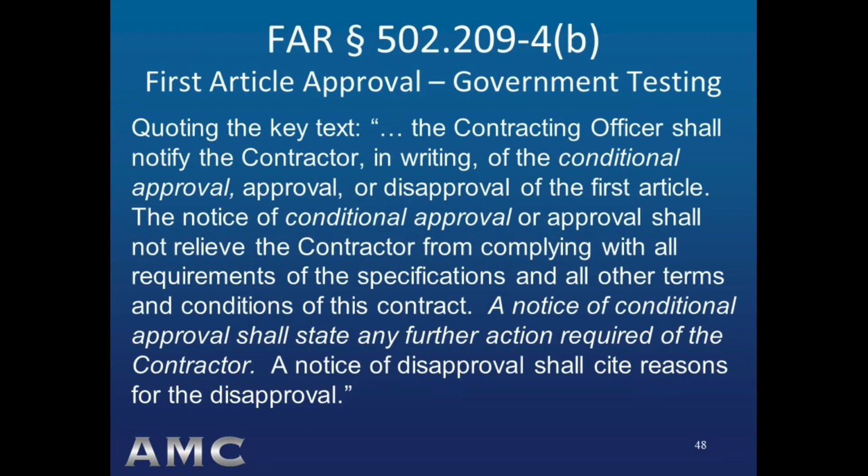The notice of conditional approval or approval shall not relieve the contractor from complying with all requirements of the specifications and all other terms and conditions of this contract. A notice of conditional approval shall state any further action required of the contractor. A notice of disapproval shall cite reasons for the disapproval.